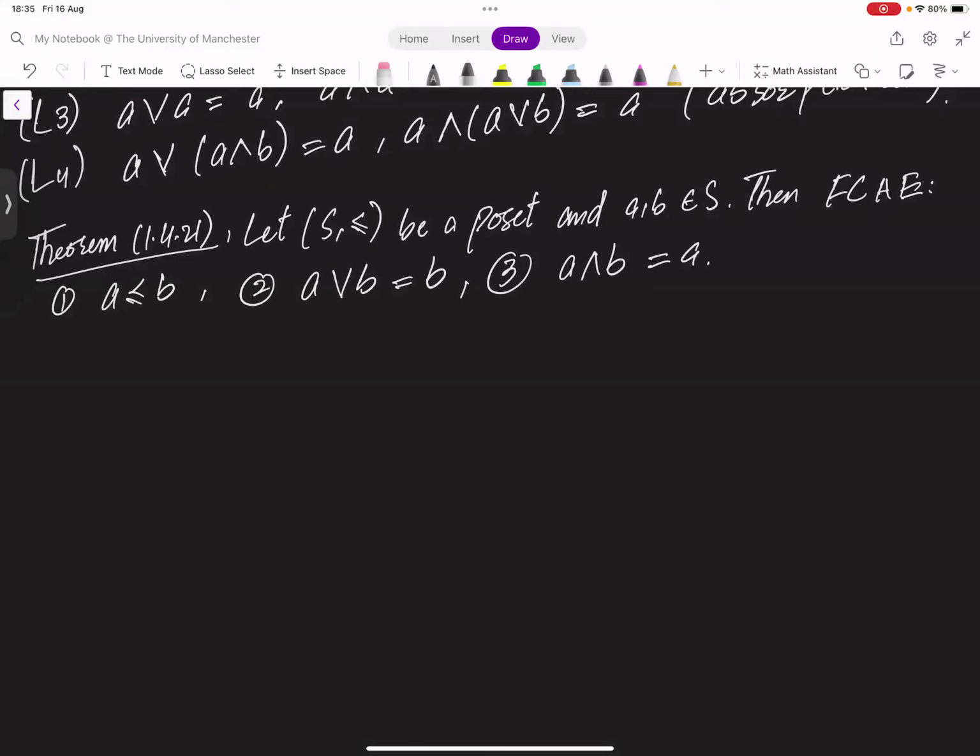Perfect. Then we can define another type of the lattice.